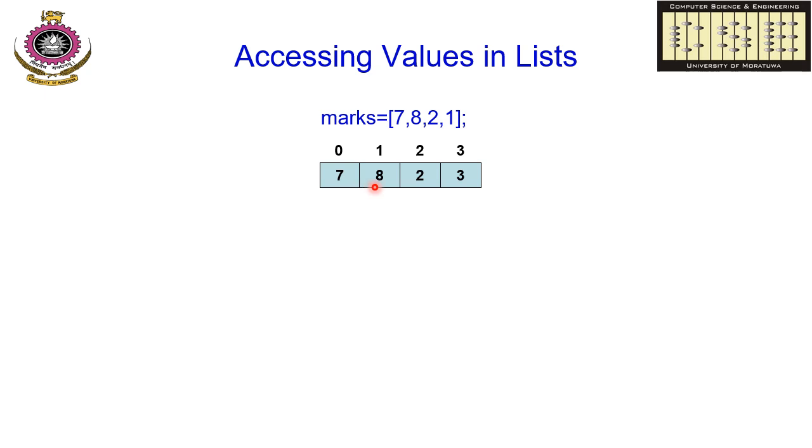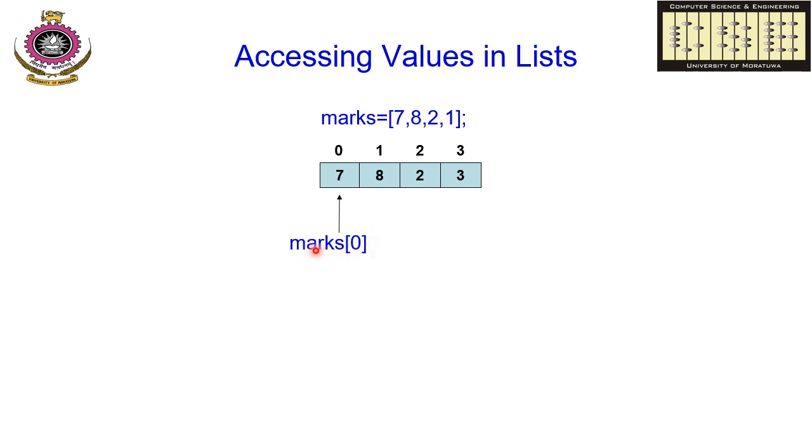We have the items in the list 7, 8, 2, 3, and then we can also state the indices. The starting index is 0, then 1, 2, 3. So the index 0 item is 7, the index 1 item is 8, and so on. This is how we represent the items of a list in an indexed manner. We can access the index 0 item in this way: we first state the name of the list, and within square brackets we state the index.